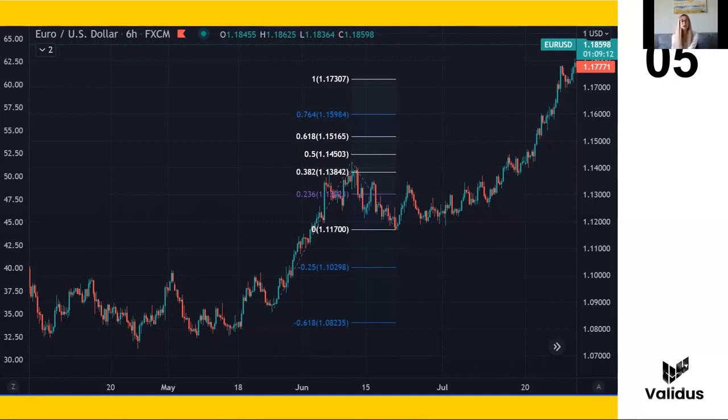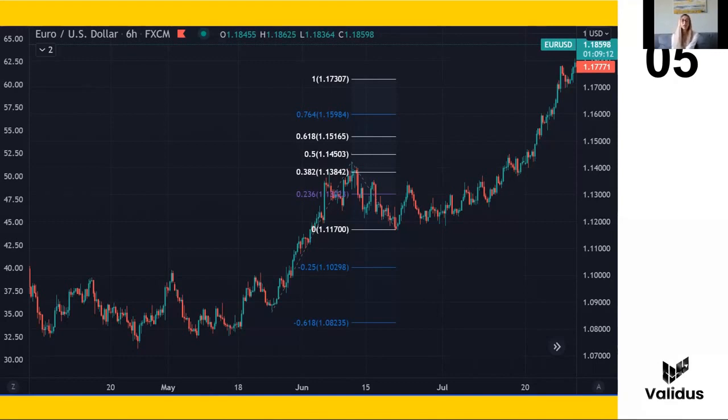So the area is important. Fibonacci levels can be calculated to give the trader ideas on profit target placement. The trader has the option to decide whether to cover the position at that level or to cover partly the position.